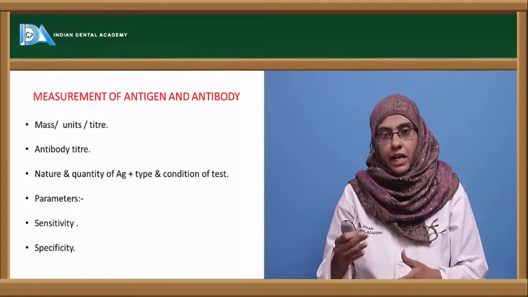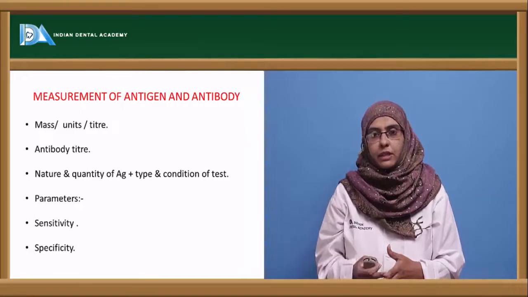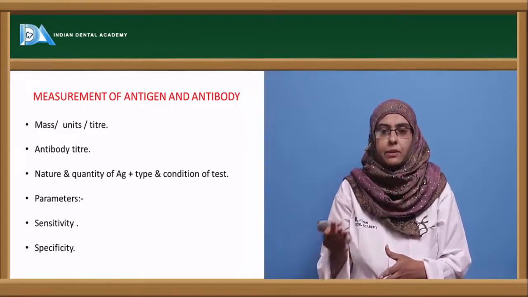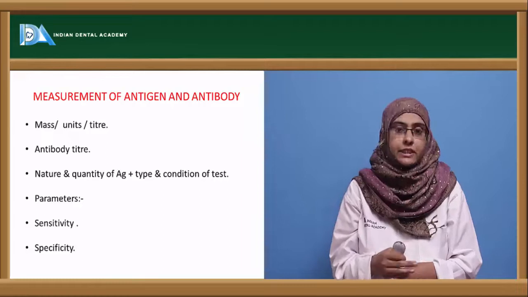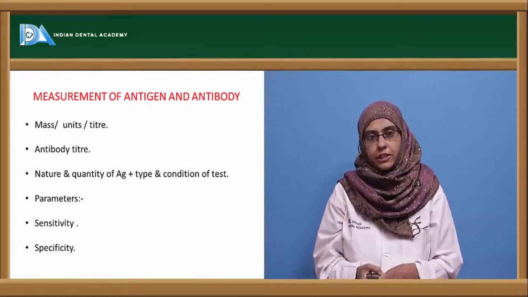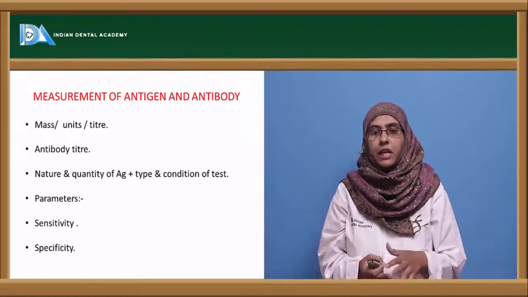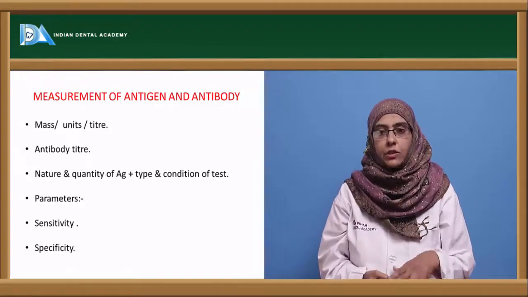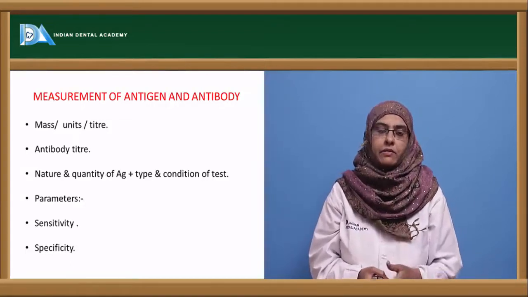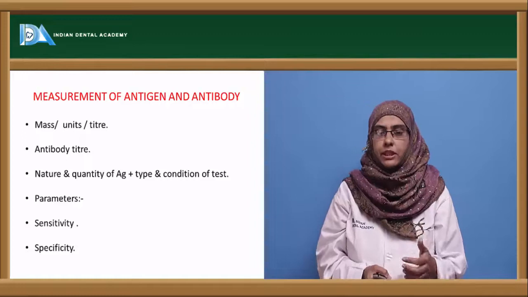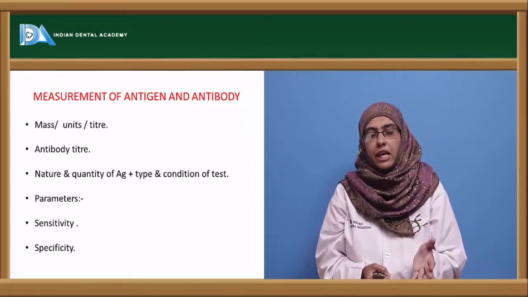So as we know, antigen-antibody interaction is highly specific. It depends upon the nature and the quantity of the antigen that we are using and the type and condition of the test that is performed in vitro. And there are two parameters that are usually considered when we are using this antigen-antibody interaction in in vitro techniques.